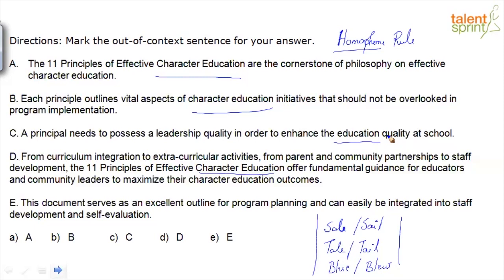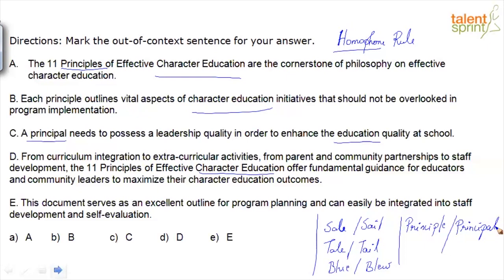Once we've done the first strategy, which is identifying repeat words and phrases, we have to dig deep and see if all the sentences are giving us the same idea, right? And in this context, we are applying the approach of homophones. E also says, this document serves as an excellent outline for program planning and can easily be integrated into staff development and self-evaluation. But if you look at C, it says principal. So the homophone in this context is principle versus principal, right?